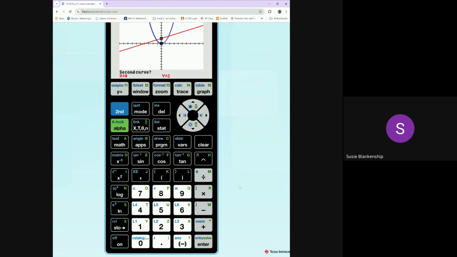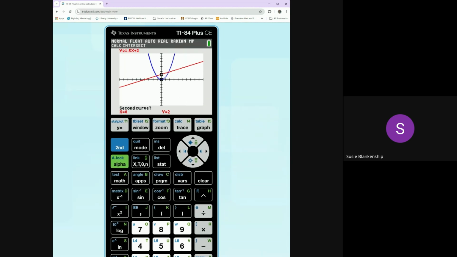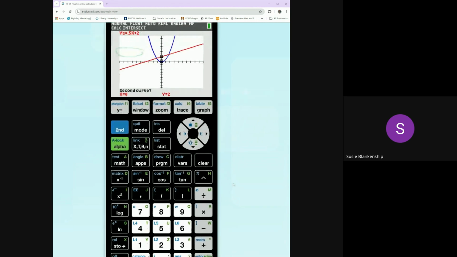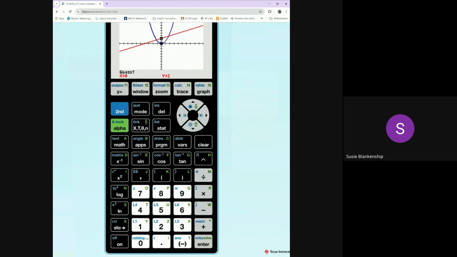So I'm going to hit enter, and now it's going to jump to my second curve, so I'm going to hit enter. Now it always asks if you want to guess. I don't know why it does that, but we don't want to guess. Obviously don't guess. So we're going to hit enter, and then it gives you a point.